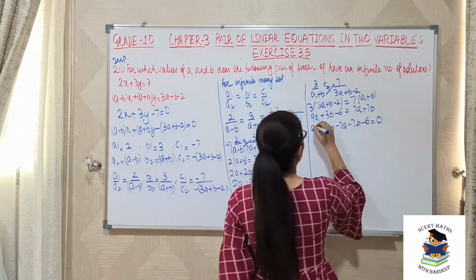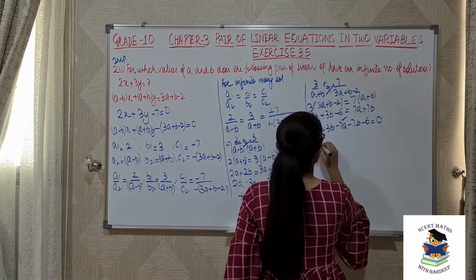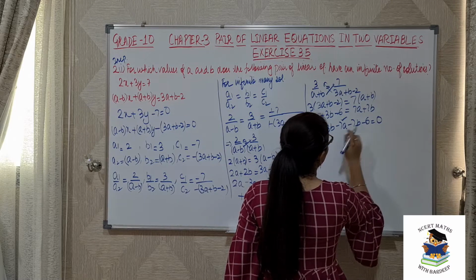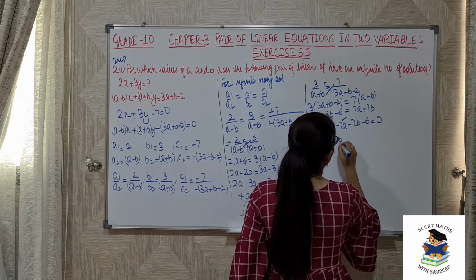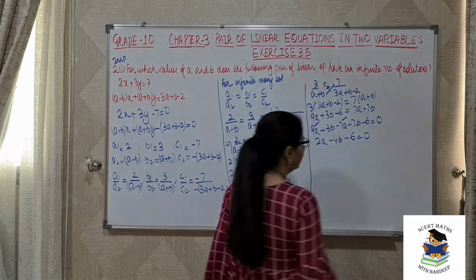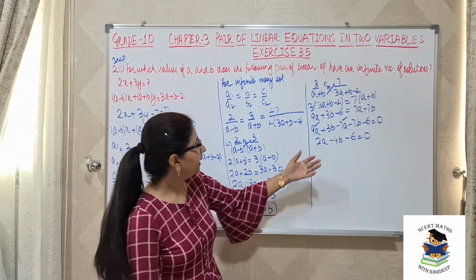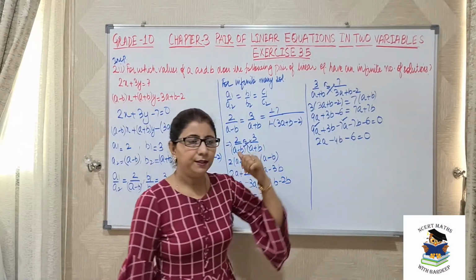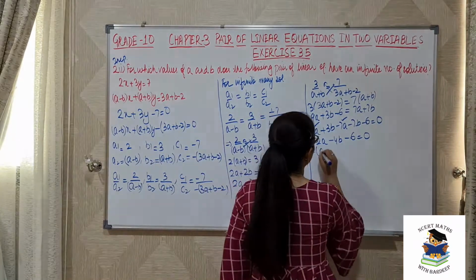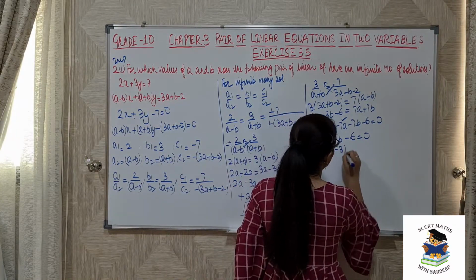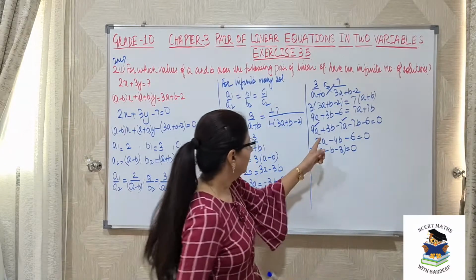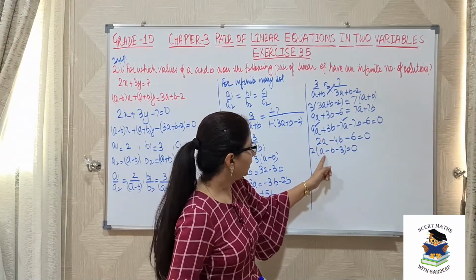So now let's combine the like terms. 9a minus 7a is 2a. Plus 3 minus 7 is minus 4b. Minus 6 equals to 0. So again we can see I have 2 common in this. Let's take it out. That is a minus 2b minus 3 equals to 0. Because if 2 is out, this a will come here.